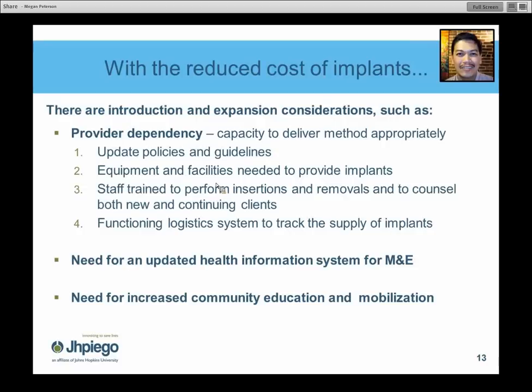So as we look at the introduction and expansion of the availability of implants, there are several considerations that we have to account for. One is about providers.